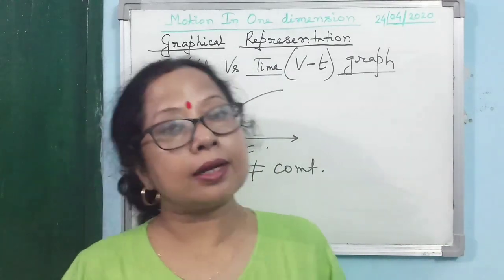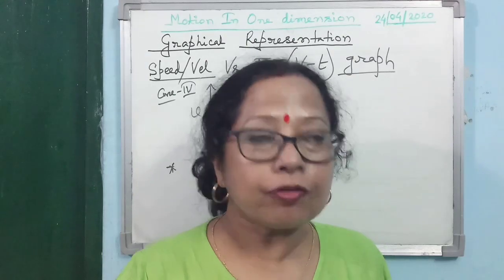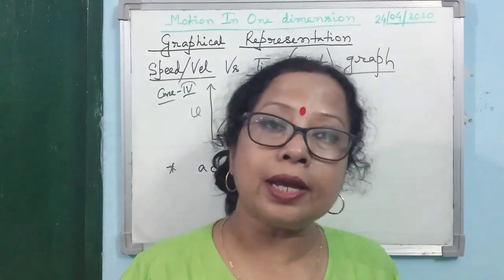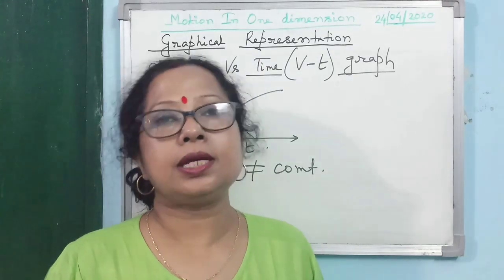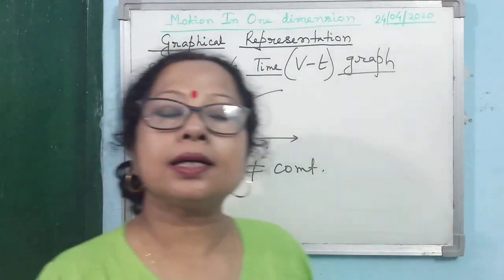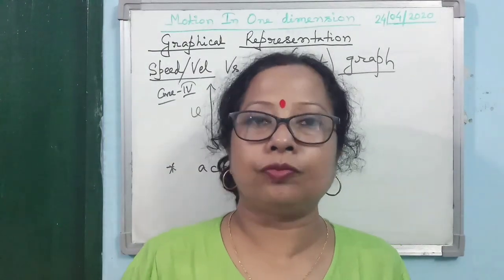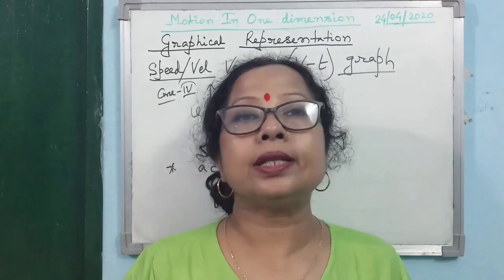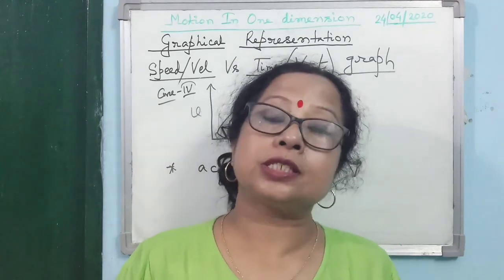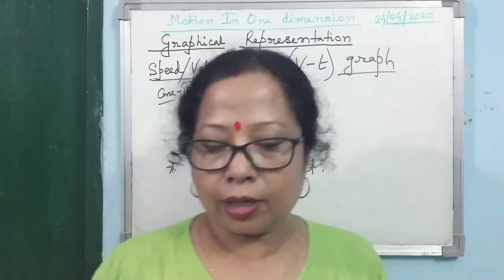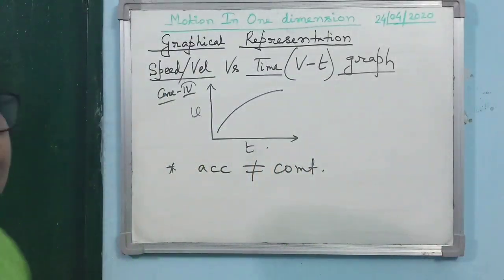That graph represents non-uniform motion, and the initial velocity is equal to the y-intercept. And the fourth case is a curve. It represents a body moving with an acceleration that changes with time, that is, variable acceleration or acceleration not constant.